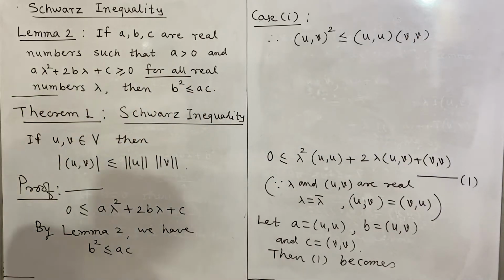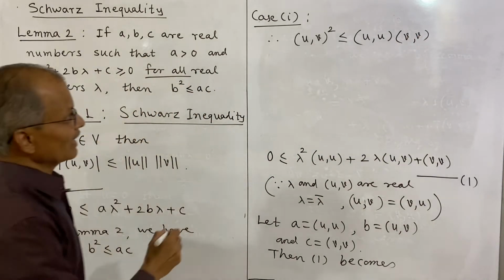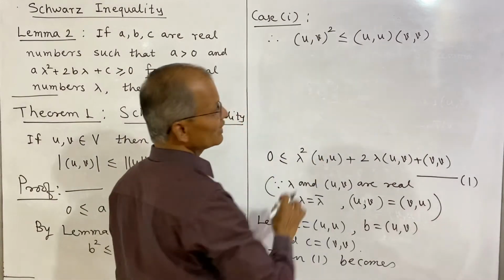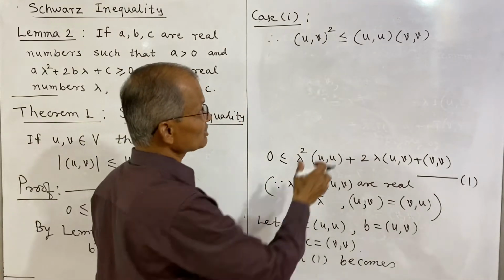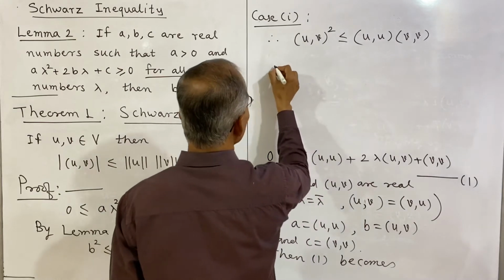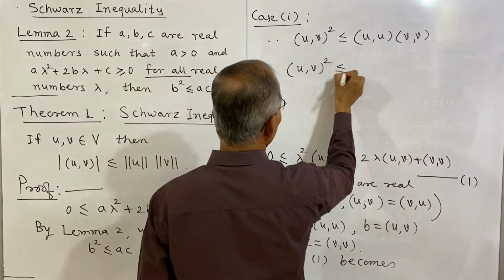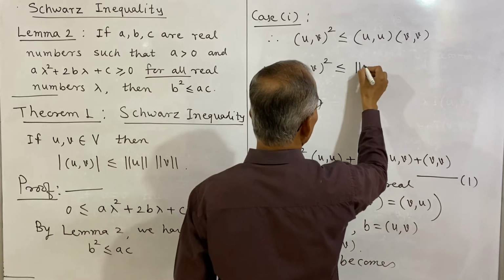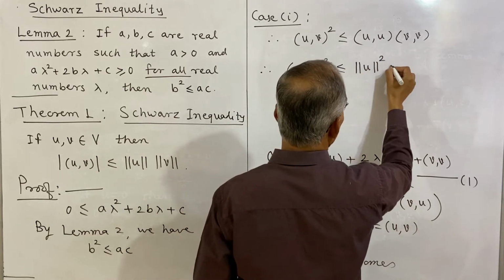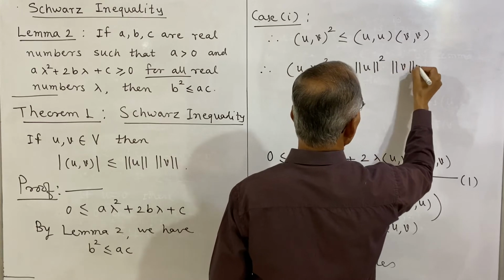So this is what we have. Now what is the inner product of u with u? By definition of norm, it is norm u square, so the square of the inner product of u and v is less than or equal to norm u square into norm v square.